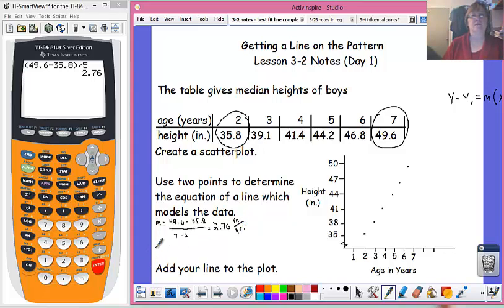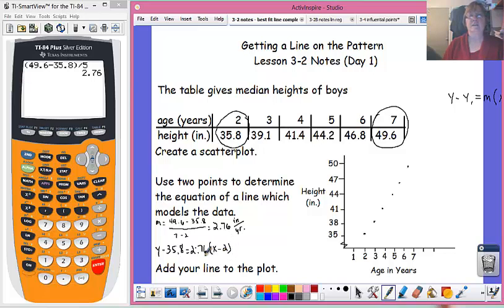To find the equation of our line, we're going to substitute either the first point or the last. It doesn't matter which. I'm going to use the first one. y minus 35.8 equals the slope that we generated, 2.76, times x minus the x from the point, which is 2.